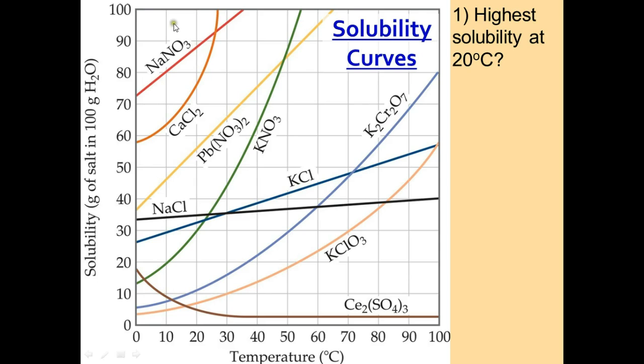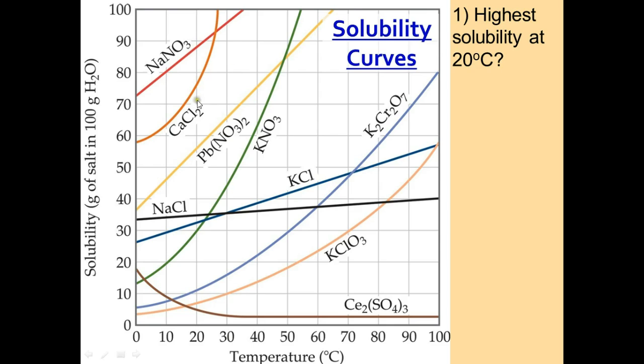If something's above it, it would be supersaturated because it has more, like at 20 degrees Celsius, if we had 90 grams of solute in 100 grams of water, that would be supersaturated because that's more than the saturation point, which is 87 grams.